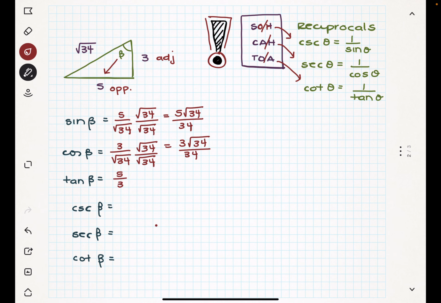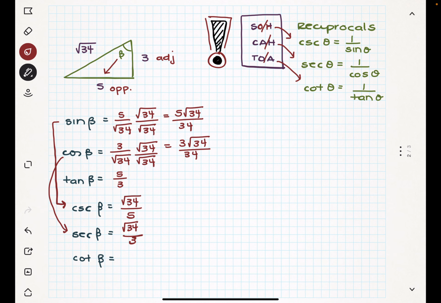So that's that. Now, cosecant, secant, and cotangent, I'm just going to flip them. I know that this is the reciprocal of this. So I have square root of 34 over 5. The secant is the reciprocal of this one. So I'm going to have square root of 34 over 3.